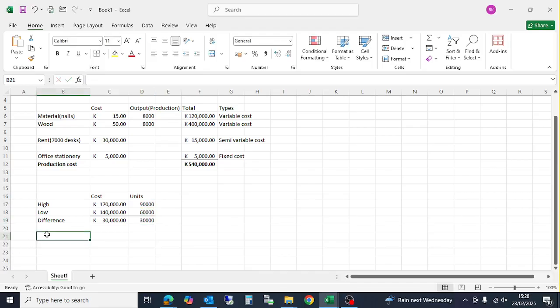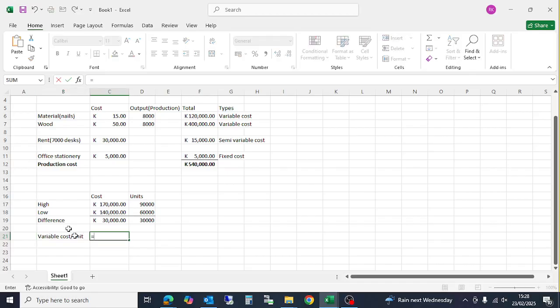So our variable cost per unit will be, we'll have to divide our 30,000 by 30,000. Looks strange. I guess it will be one quarter. This is one strange question, eh?